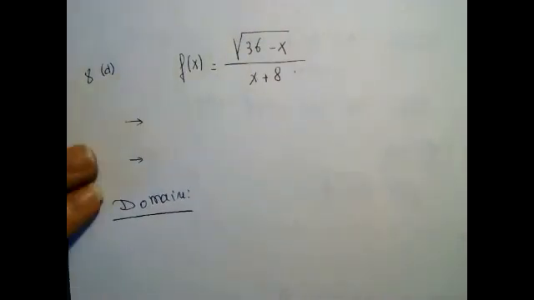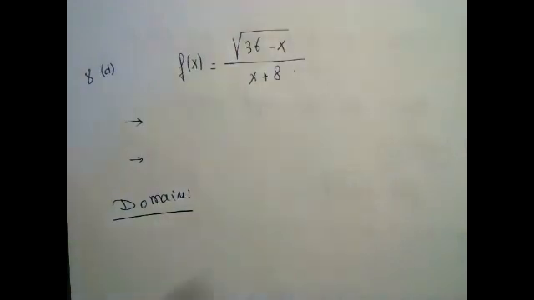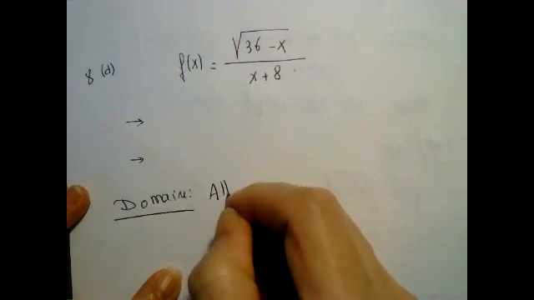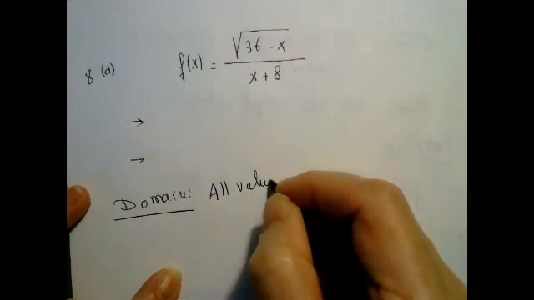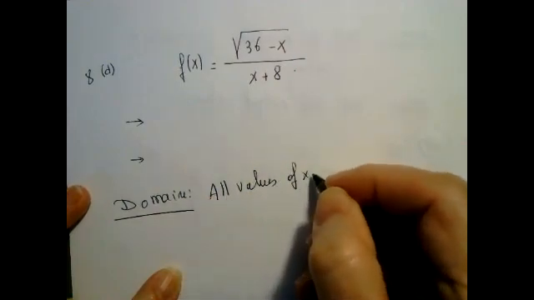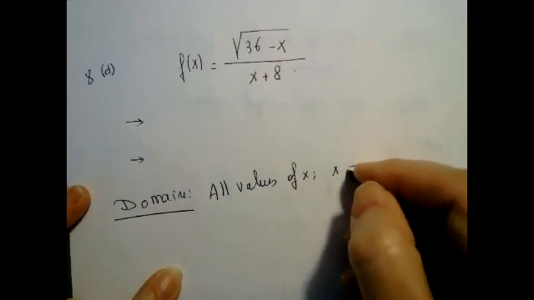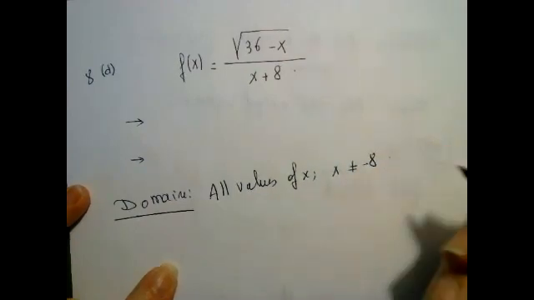Okay, so I'm having one answer. All values of x does not equal to, so I'm going to write what I see. x is different than -8.